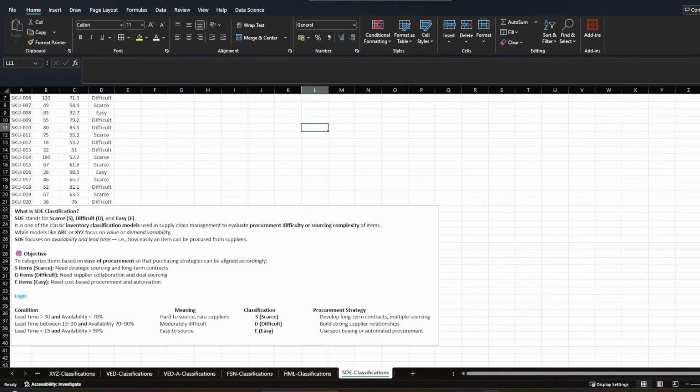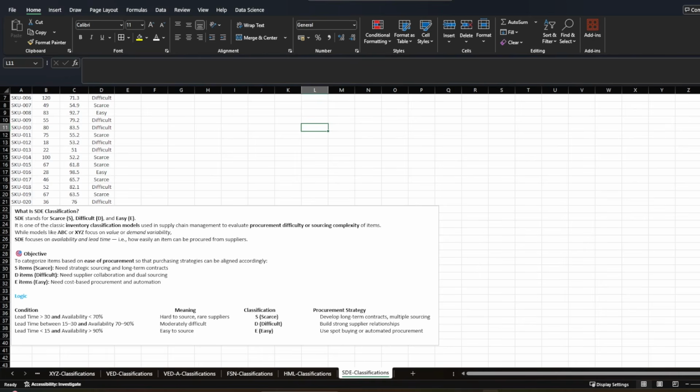Then if you have a lead time between 15 to 30 days, it means you can get it faster than the earlier one, and it also has higher availability, like 70 to 90%. I think it is moderately difficult, and you need to build strong supplier relationships for this kind of product. Then the third category is where you can get the item within 15 days and it is always available in the market, around 90%.